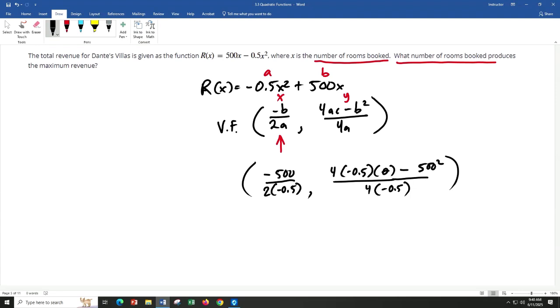Once you put everything in your calculator, you get 500 rooms and then 125,000. But the question is, how many rooms do I need to book to maximize my profits? 500 rooms.